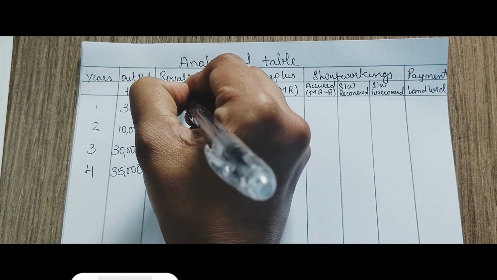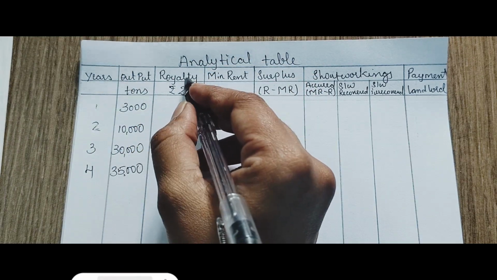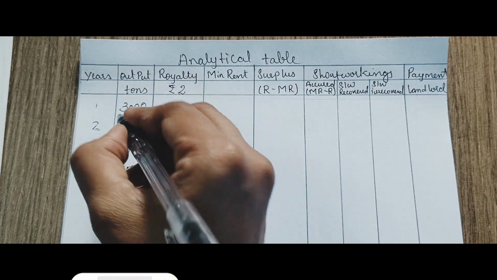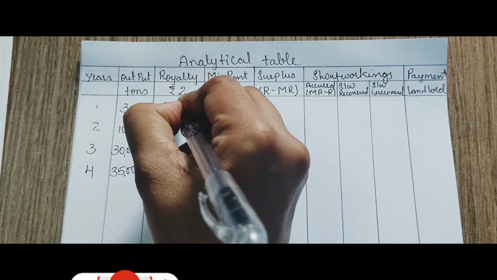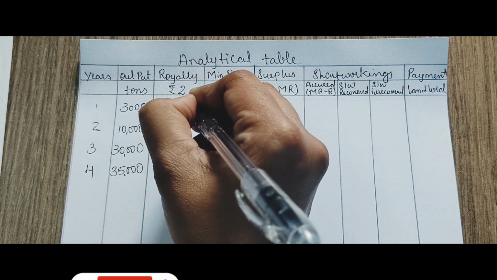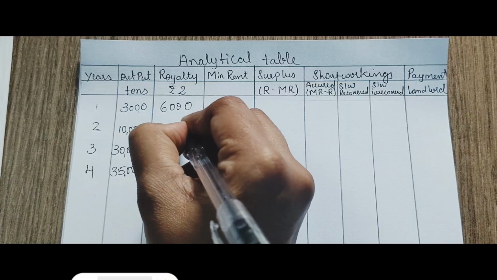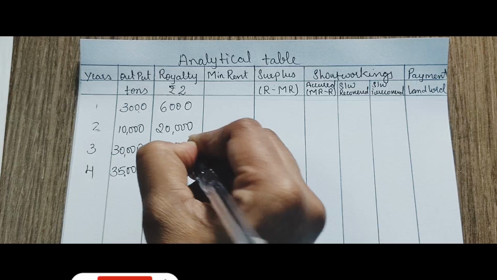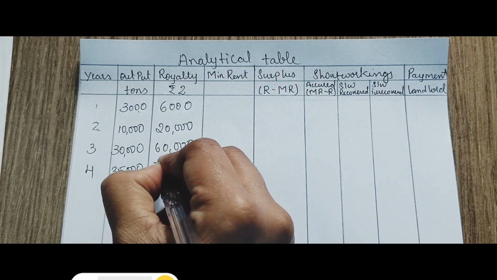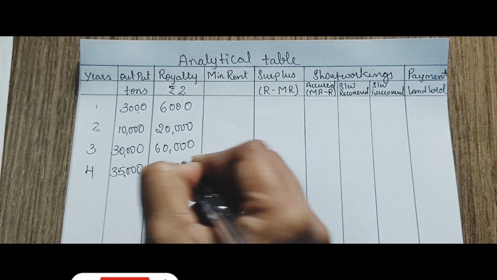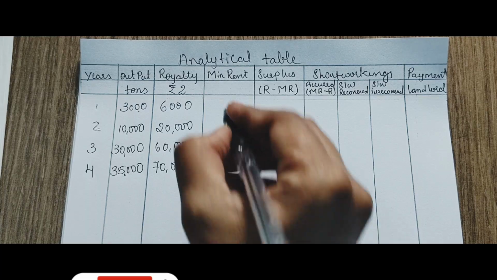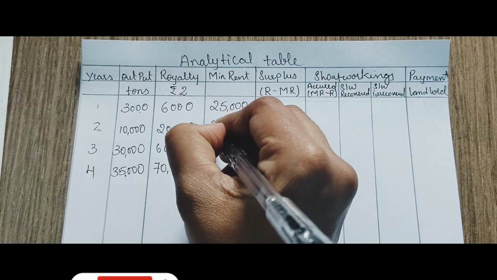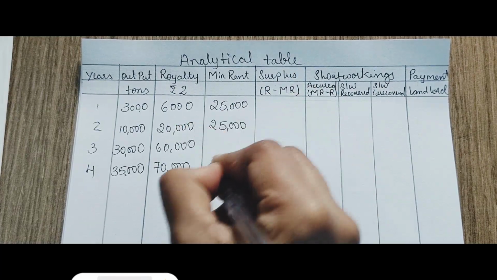Rupees 2 per ton. To find out the royalty, you multiply output with the royalty per ton. 3,000 into 2, 6,000. 10,000 into 2, 20,000. 30,000 into 2, 60,000. 35,000 into 2, 70,000. Minimum rent is a fixed rent or a dead rent. It is the same for all the years: 25,000.